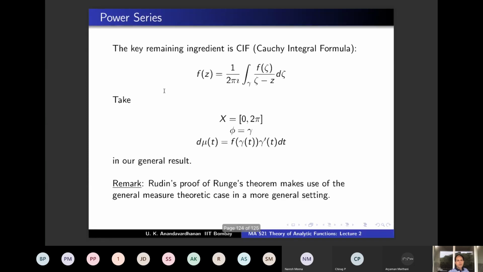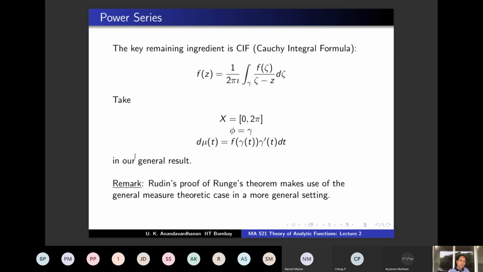So, a remark. This basic thing is on a path only, right? Though this measure was slightly different, these are very Riemann integral kind of things. So the remark is, when we do Runge's theorem later, of course it has a more elementary proof in Conway's book, but we are going to follow Rudin.